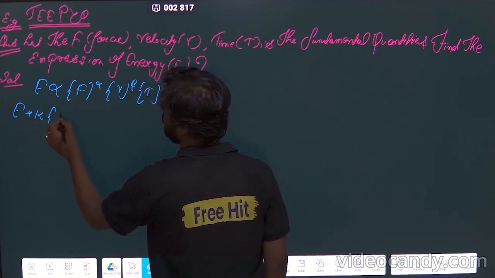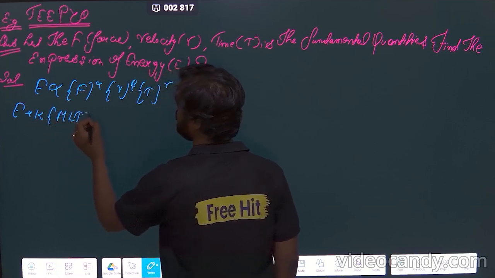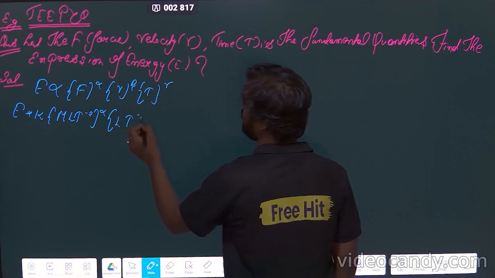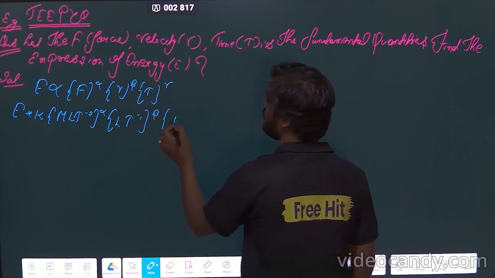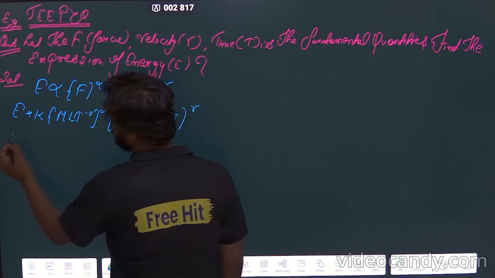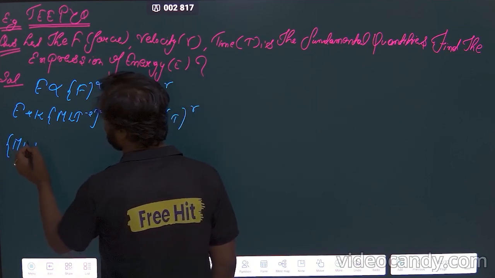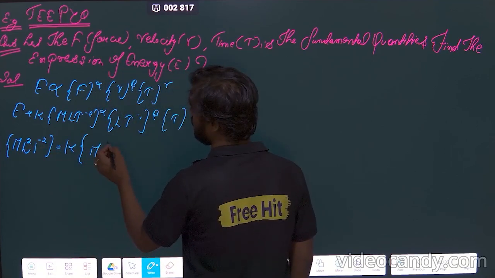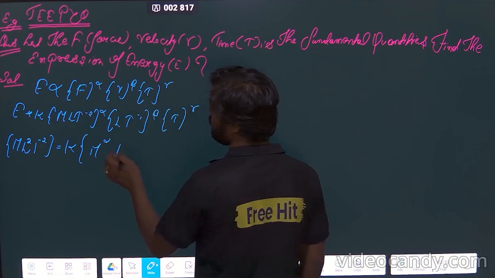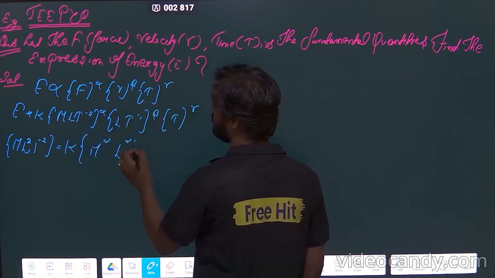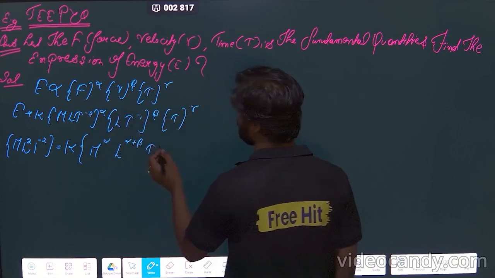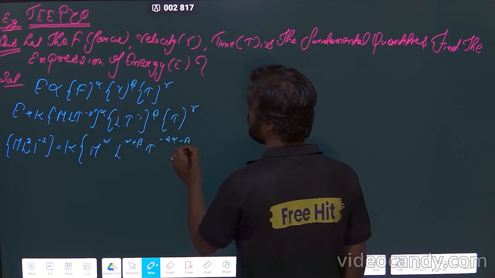Force is LT minus 2 to the power alpha, velocity is LT minus 1 to the power beta, and time is T to the power gamma. Energy you should remember is ML square T minus 2. This will become M to the power alpha, L to the power alpha plus beta, and T to the power minus 2 alpha minus beta plus gamma.